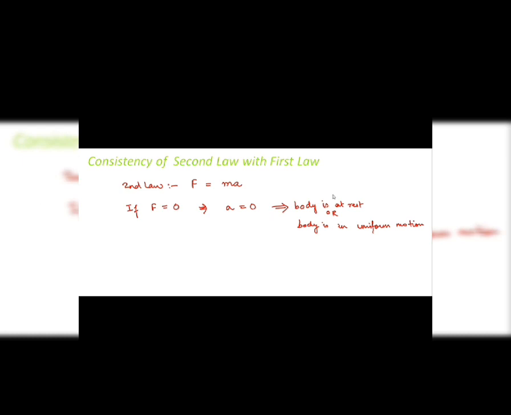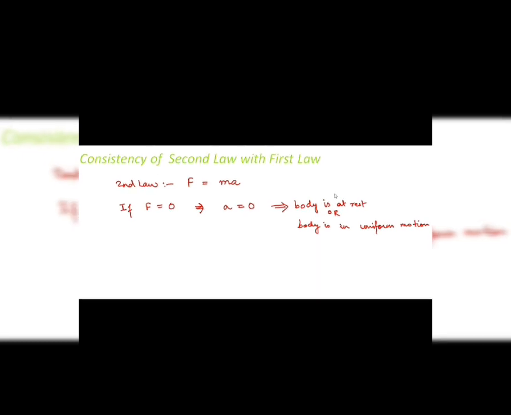We have talked about this in our previous lesson, right? Now, in the second law itself, if the external force is zero, then the body is either at rest or in uniform motion. And what is our statement of first law? First law states that if a body is at rest or in uniform motion, that means the acceleration is zero, then the net acting force on the body is zero.